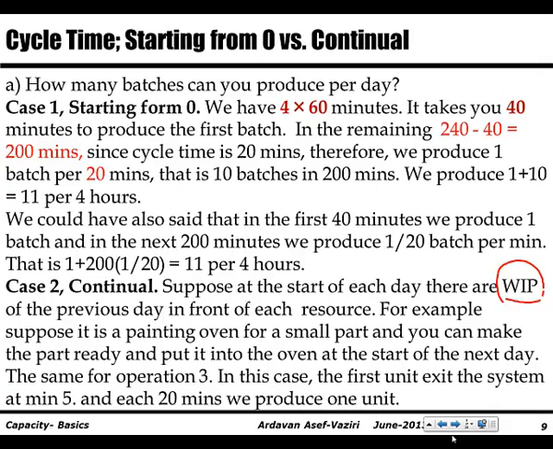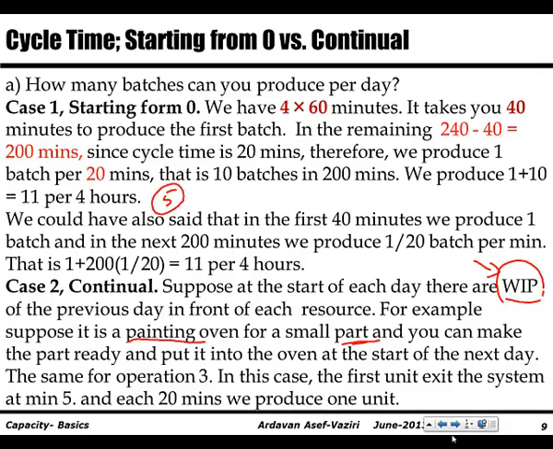Suppose it's an oven for painting a pot. So in this case, if each operation has 1 unit of work in process in front of it at the beginning of the day, it takes only 5 minutes to produce the first product.